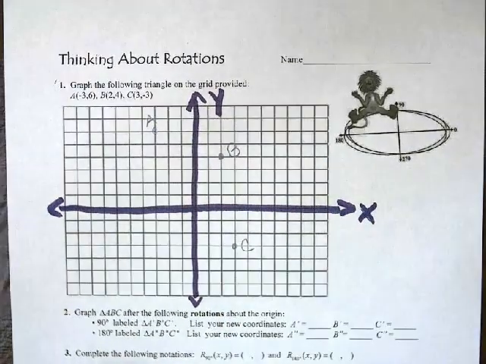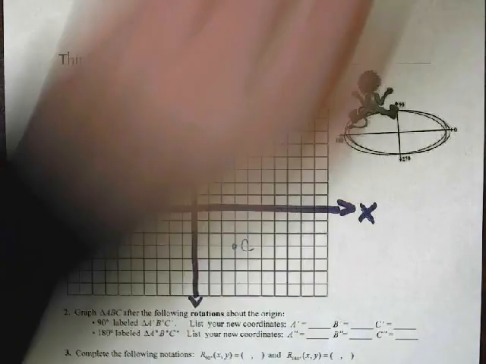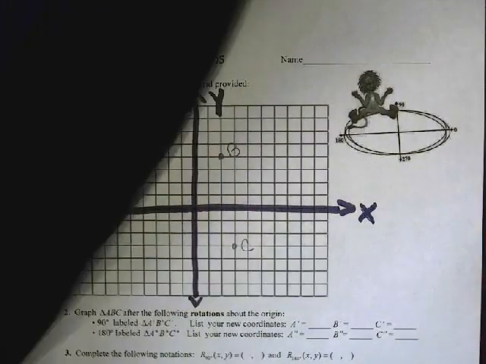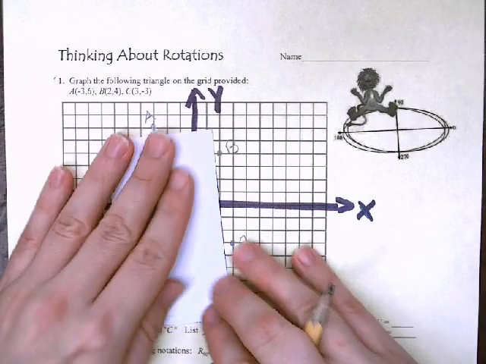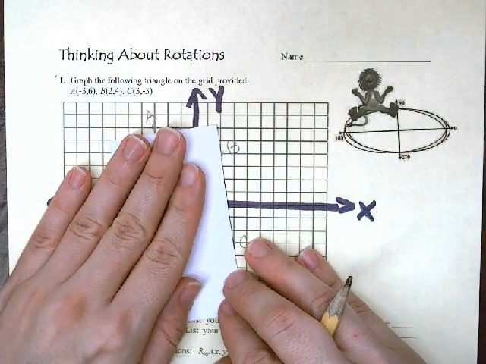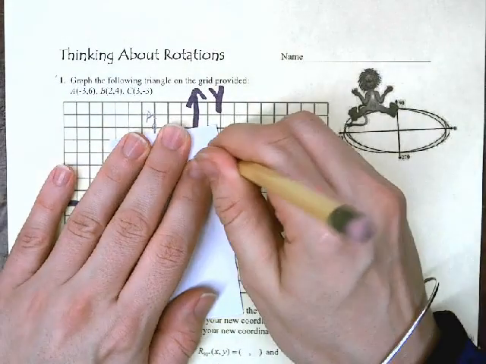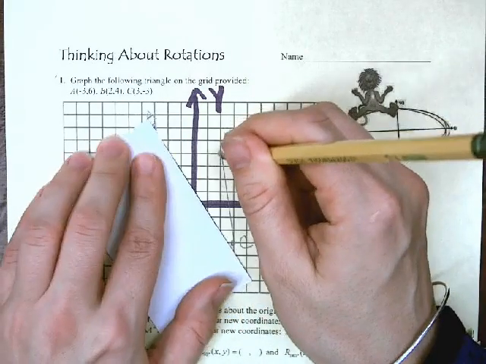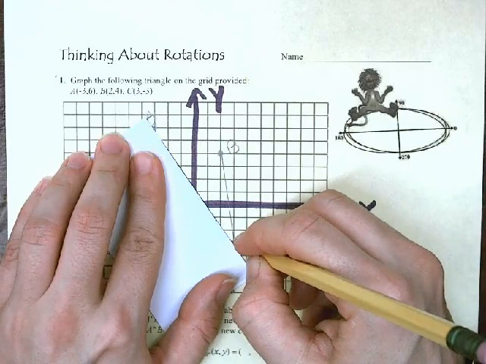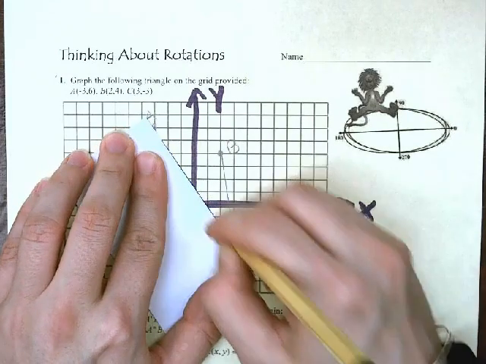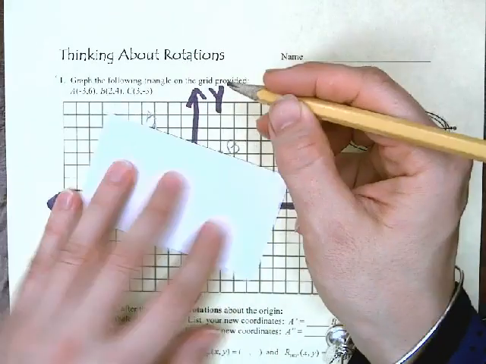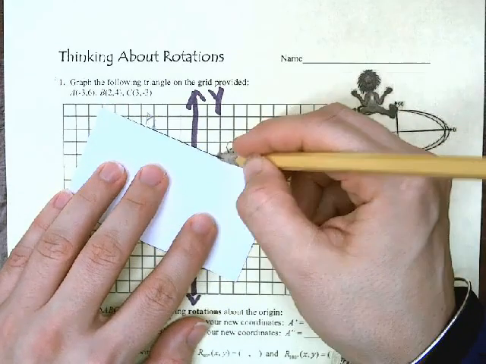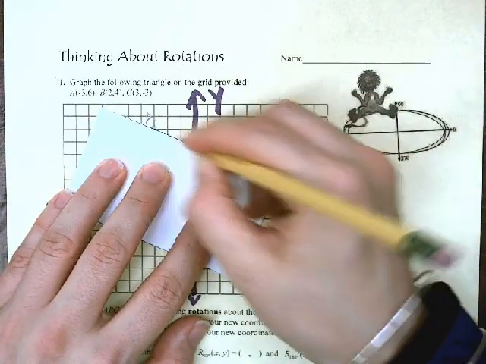All right. So I have my triangle here, so I'm going to connect them with a straight edge and make my triangle. Okay.